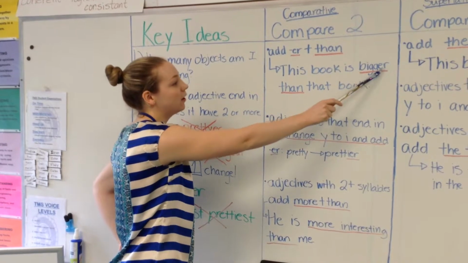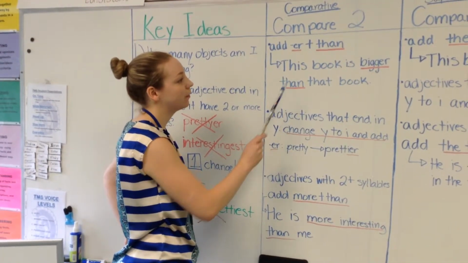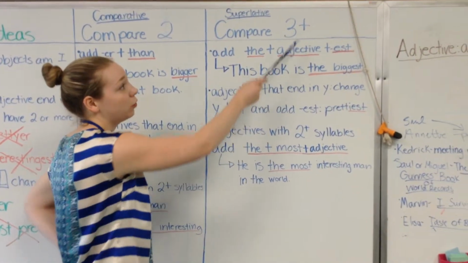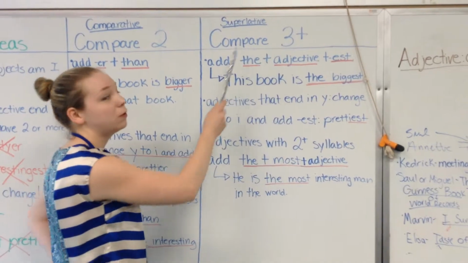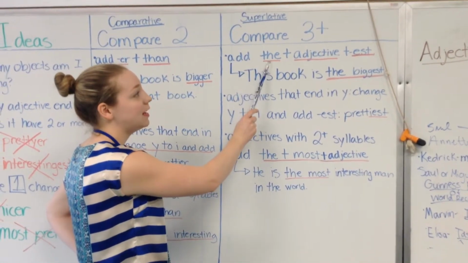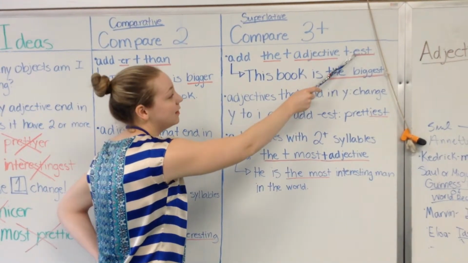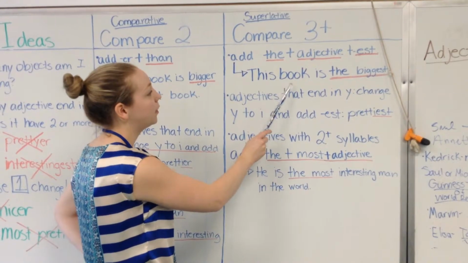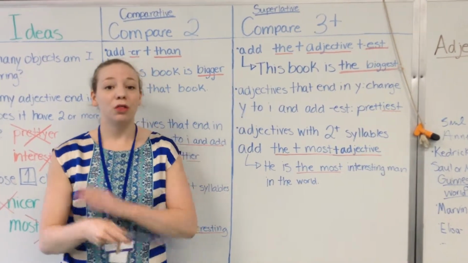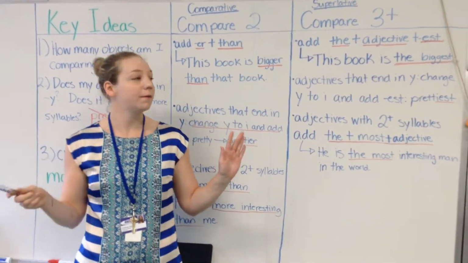We added ER to big, and we added than. Over here, when we're comparing three or more things, we use a superlative adjective. So we add the word the, then our adjective, and then the ending EST. This book is the biggest. So it's the biggest of 3 books, of 4 books. It's the biggest of all.